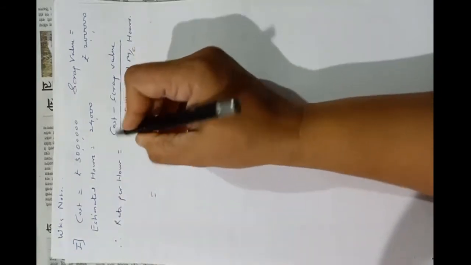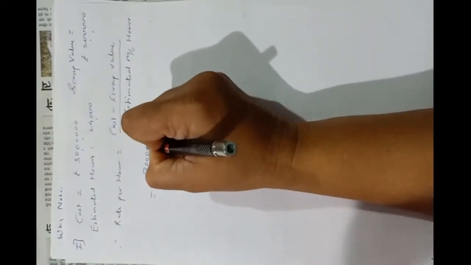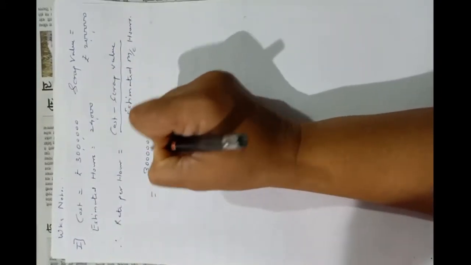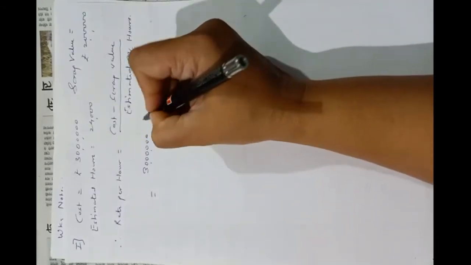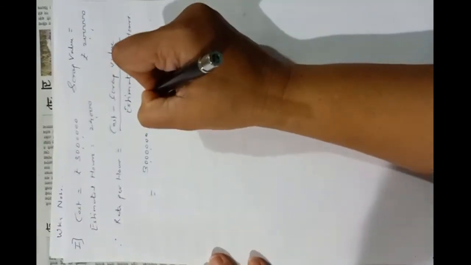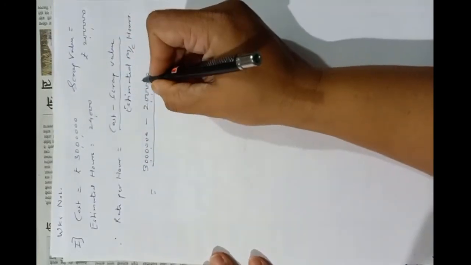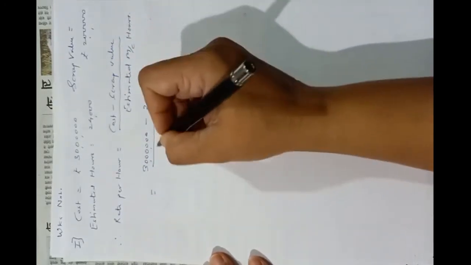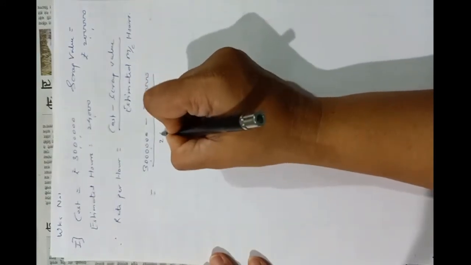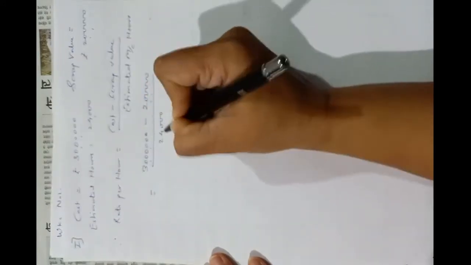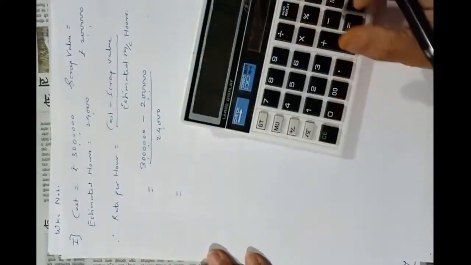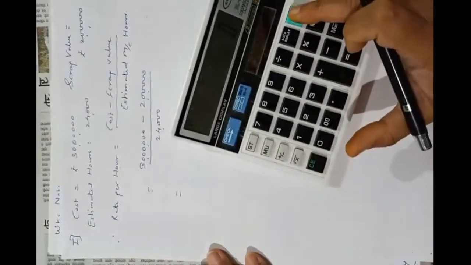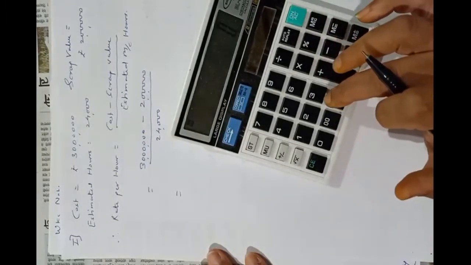So rate per hour: cost is 30 lakhs minus scrap 2 lakhs, that is 28 lakhs, divided by estimated machine hours 24,000.